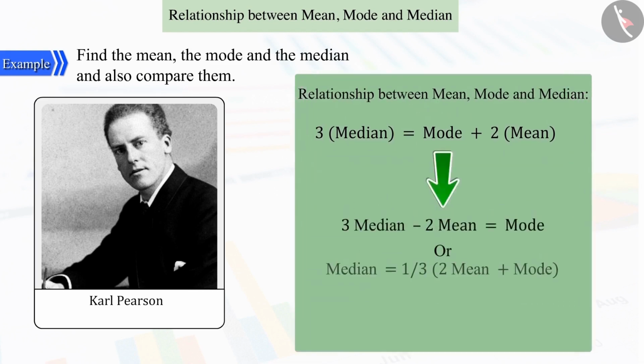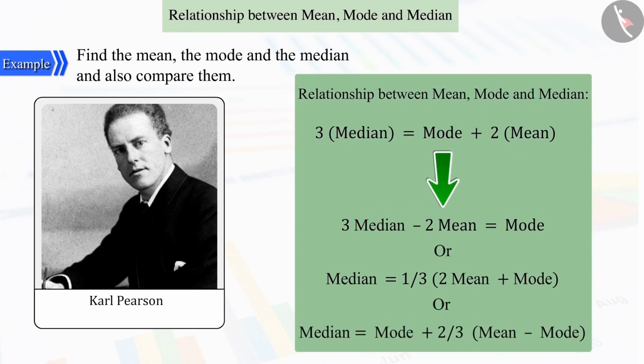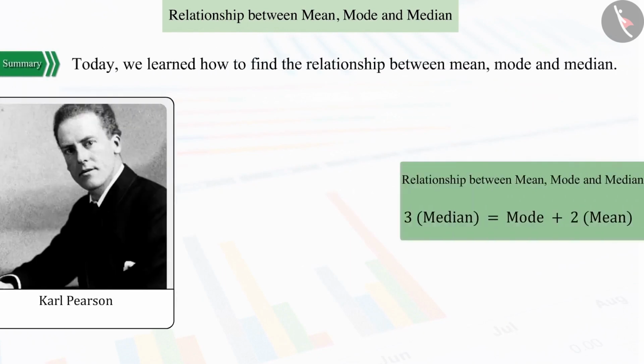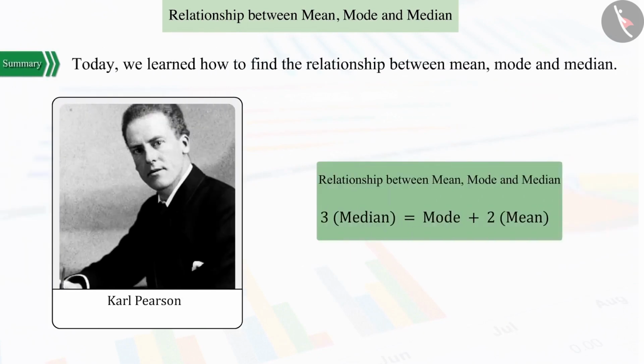Here, according to our convenience, we can write this relation in any way. Today, in this video, we learned to find the relationship between the mean, the mode, and the median. In the next video, we will see interesting examples based on this.